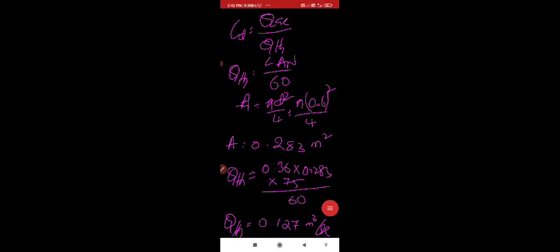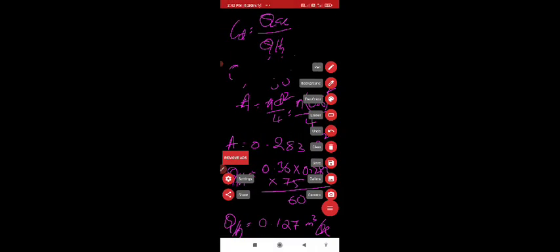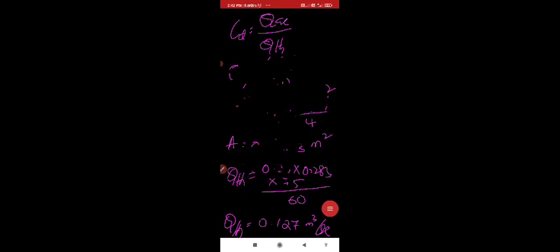Substitute this theoretical discharge and actual discharge in the coefficient of discharge equation. Substitute all these in this equation, you will get the coefficient of discharge.